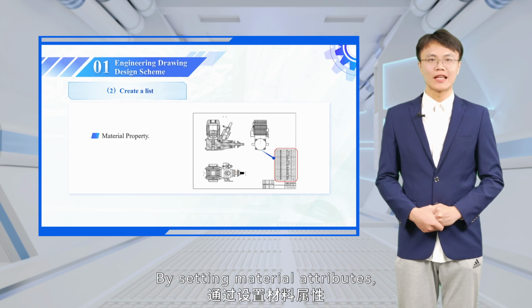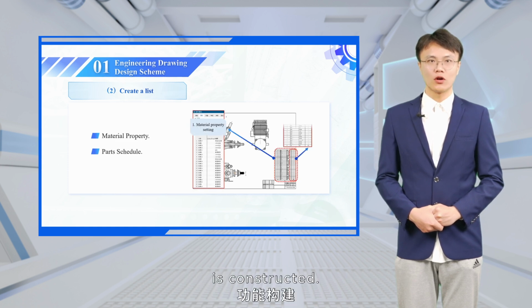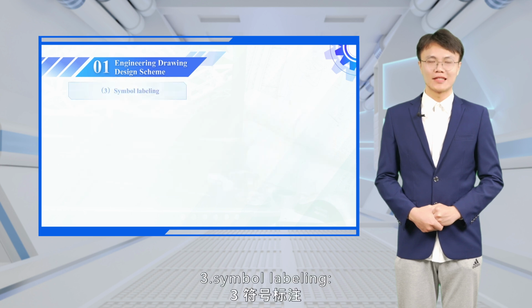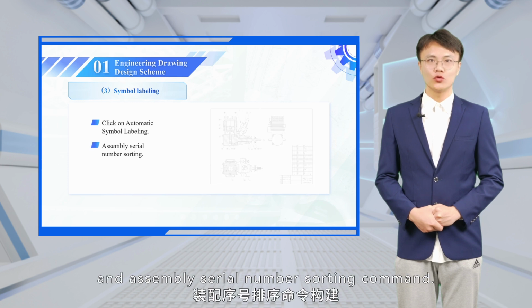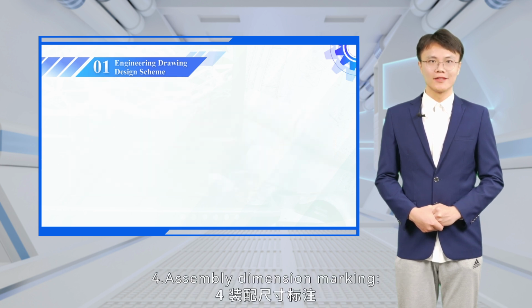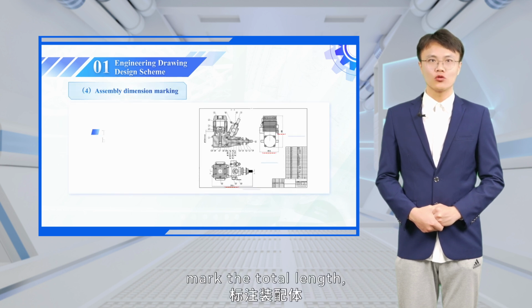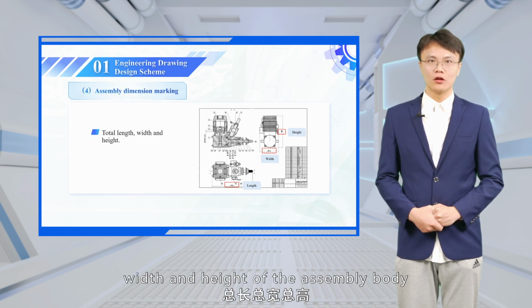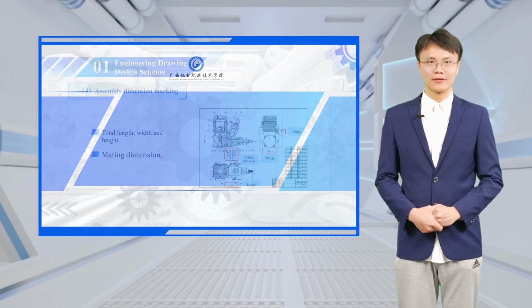By setting material attributes, the function of generating a list of parts is constructed. 3. Symbol labeling. It is constructed by automatic symbol labeling and assembly serial number sorting command. 4. Assembly dimension marking. Mark the total length, width and height of the assembly body and related matching dimensions.